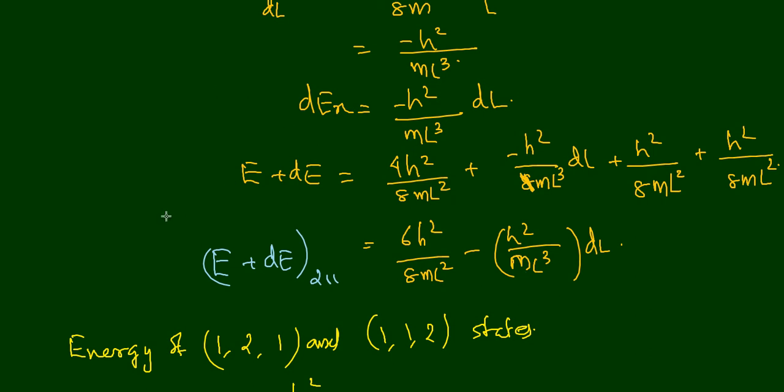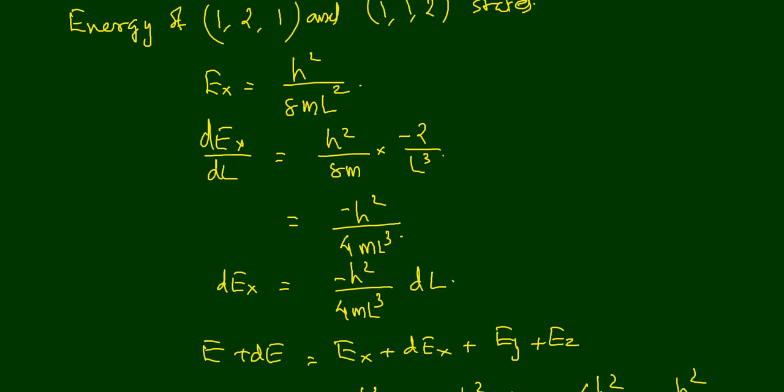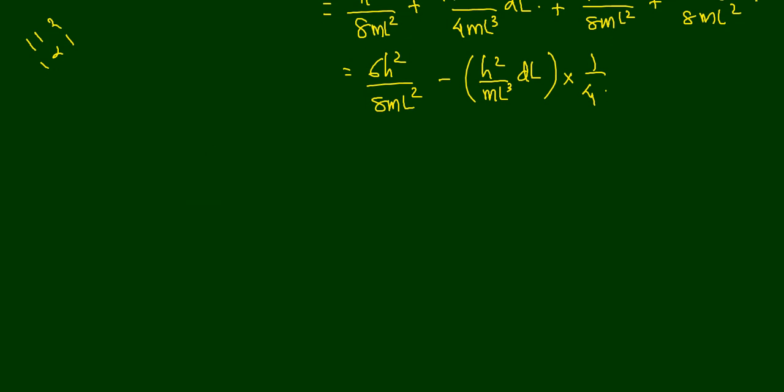Okay, this was the energy. So let me copy this one and put it there down, okay, so that we can compare these two. Okay, this is the energy in the case of 211 state. I copied this one, and now let me put it down to compare.